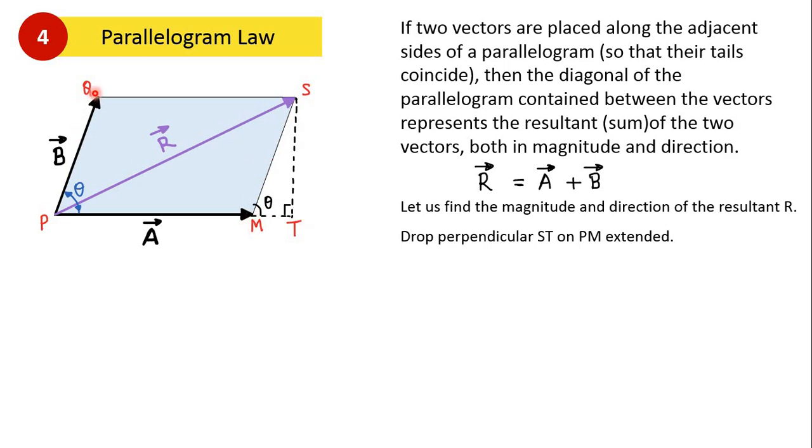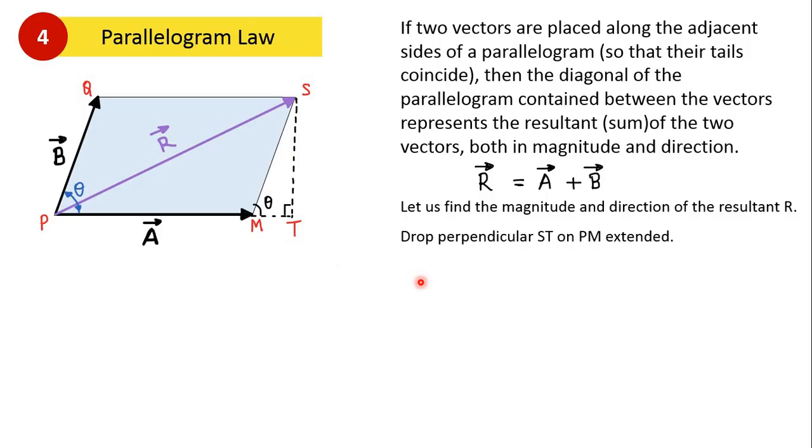Because angle theta is made by this line PQ with PM. Opposite sides of the parallelogram are equal in length. Also, opposite sides of a parallelogram are parallel to each other. So these two sides are parallel. That is why this angle and this angle should be equal. They are called corresponding angles.